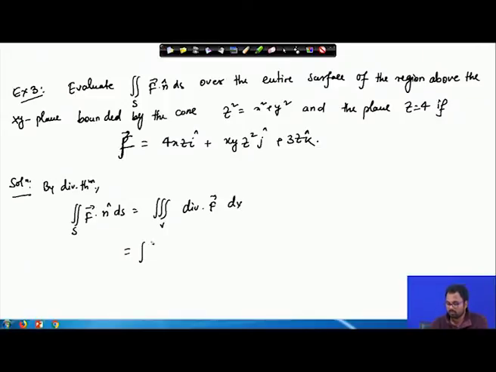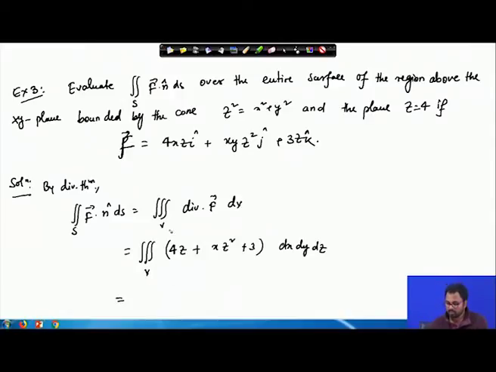If we take the divergence here, then this will be 4z plus xz square plus 3, right. So, 4z plus xz square plus 3 dx dy dz. You just have to take the divergence of this function and then you obtain this integral here.